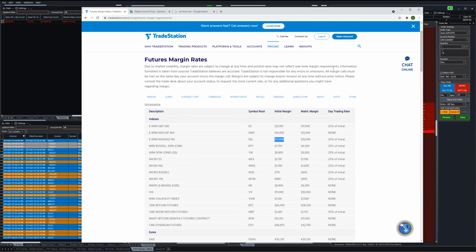To open a trade on a NASDAQ now, you need $17,600 in your account. Now, if you have $20,000 in your futures account, you can trade one contract of the Nasdaq. So if you open a position now of the Nasdaq, the broker blocks these $17,600, and what you have left is $2,400 remaining purchasing power.